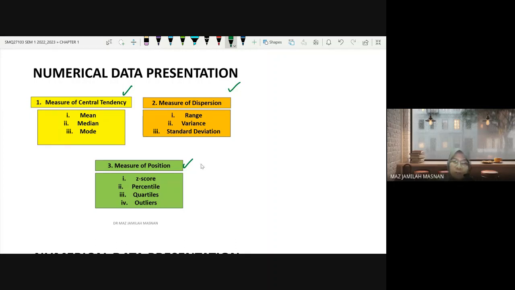If you are talking about measure of central tendency, definitely you are going to talk about the mean, the median, and the mode. We are going to identify what will be the mean, median, and mode from your data. What about measure of dispersion? We will have range, variance, and standard deviation. And for the measure of position, we will have z-score, percentile, quartile, and outliers.